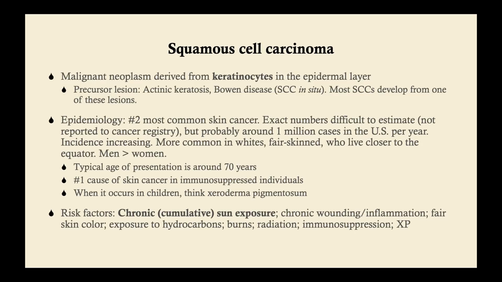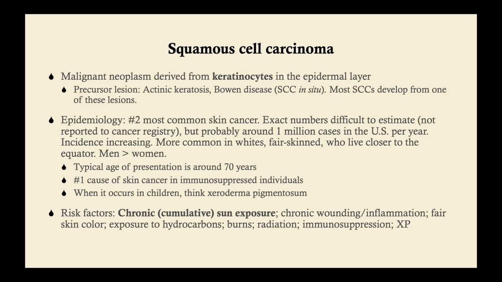Certainly sunburns would also raise your risk, but unlike melanoma, squamous cell and basal cell carcinomas are more related to chronic cumulative sun exposure as opposed to short bursts like going into tanning beds. Chronic wounding and inflammation, fair skin color, as we talked about, exposure to hydrocarbons, those polycyclic aromatic hydrocarbons, burns, radiation, immunosuppression, and xeroderma pigmentosum.